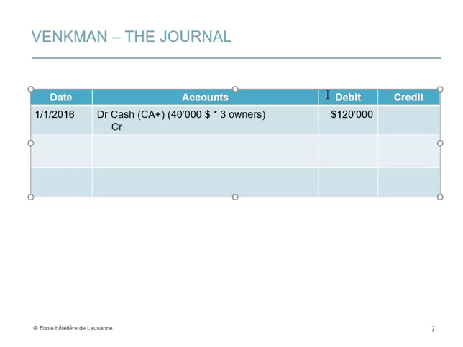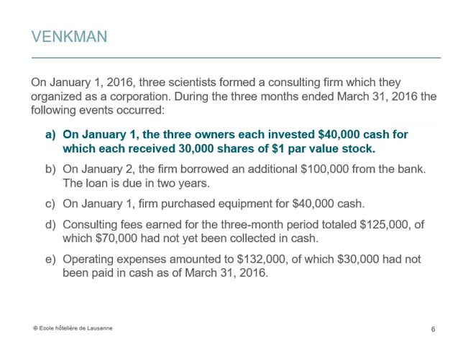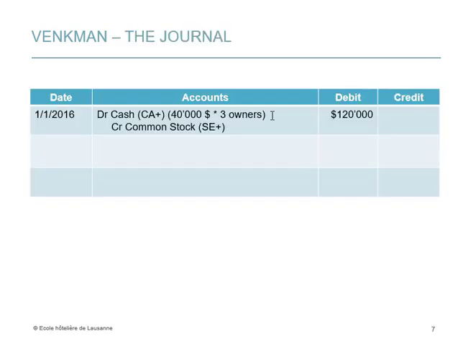So we need to credit our common stock. For which amount should we credit it? We already discussed that common stock is always reported at the par value. What is our par value? Our par value is $1. How many shares did we issue? We issued 30,000 shares times 3.